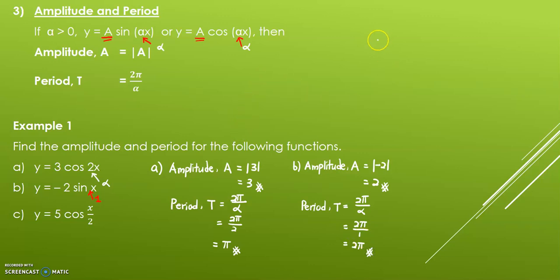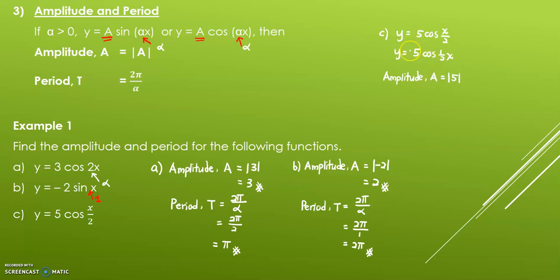If you look at question C, y equals 5 cos x over 2. I can write 5 cos x over 2 in the form of 5 cos 1 over 2 x, which means our value of alpha is 1 over 2. So amplitude A is equal to modulus of 5.